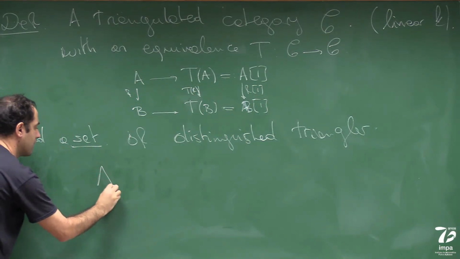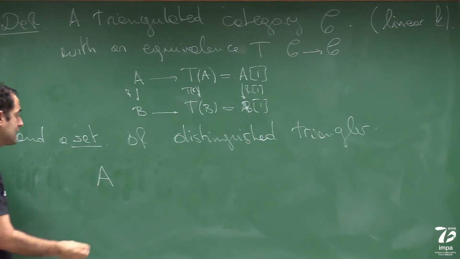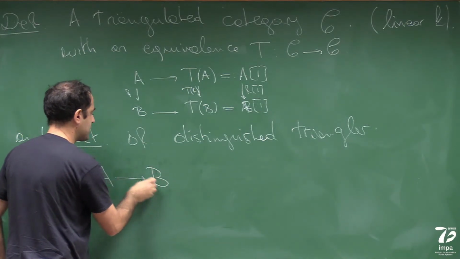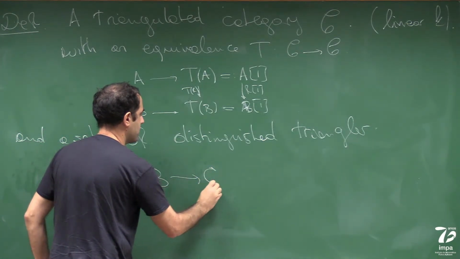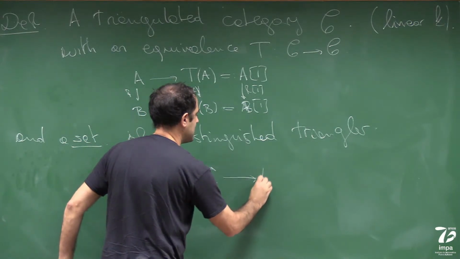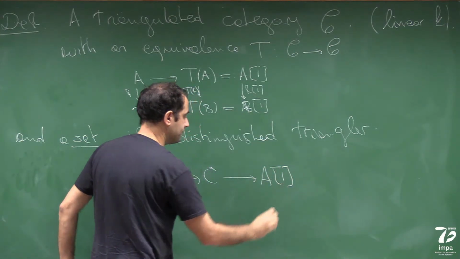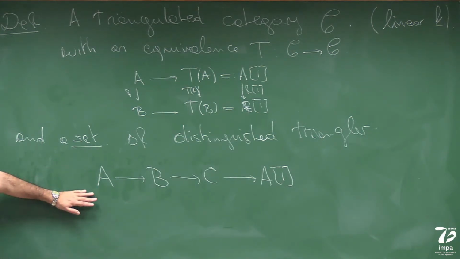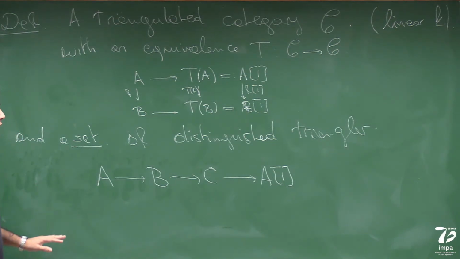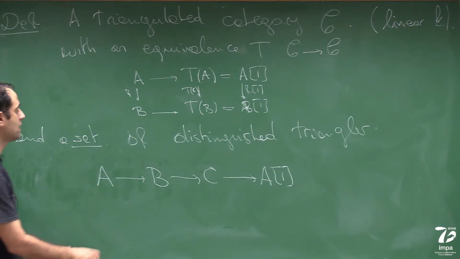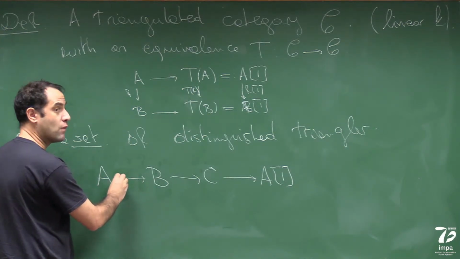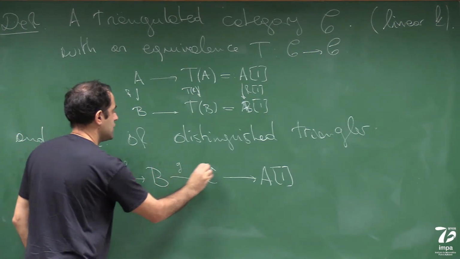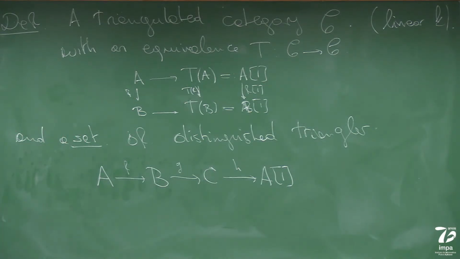This is just a sequence of morphisms like this: a morphism from A to B, a morphism from B to C, and a morphism from C to A shifted by 1. No conditions are asked. So you give me 3 objects and morphisms F, G, and H. That's the data that comprises a distinguished triangle.